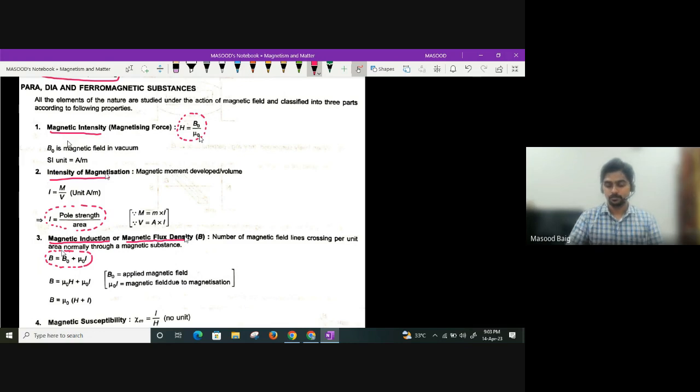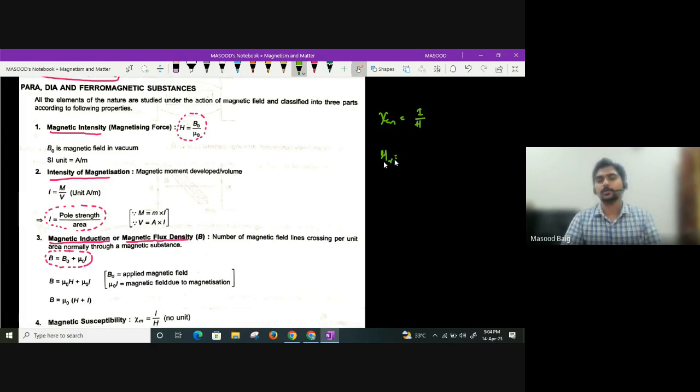Now, based on these three magnetic properties, we have two quantities: the first one is susceptibility and the other is relative permeability. Is that clear? Susceptibility is the ratio of intensity of magnetization to H, the magnetic intensity.